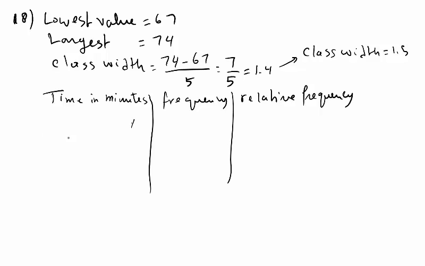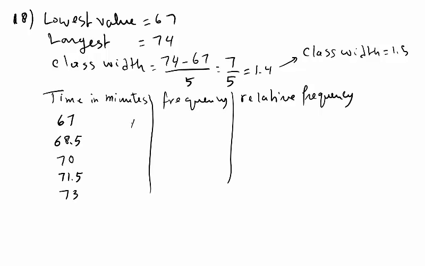Okay. So we have 67. And if we add 1.5, it will be 68.5. And if we add 1.5, it will be 70. We add 1.5, it will be 71.5. And if we add 1.5, it will be 73.